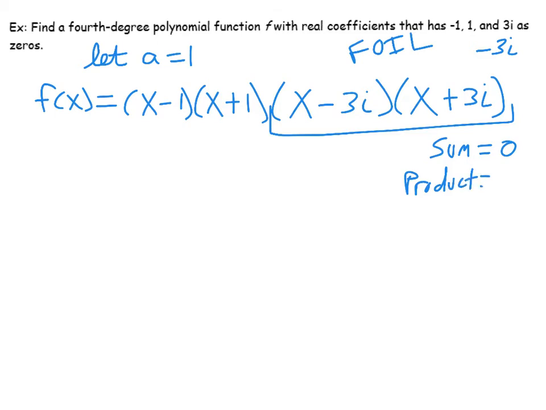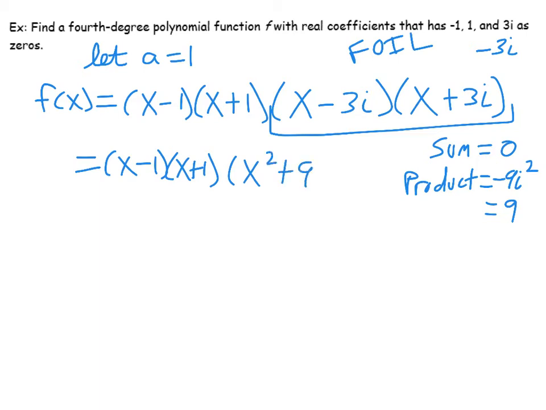Their product would be negative 9i squared, which, putting in negative 1 for i squared, you would get positive 9, okay? So you could have x minus 1, x plus 1, and to make that jump to real coefficients with these imaginary ones, you could do x squared plus 9.